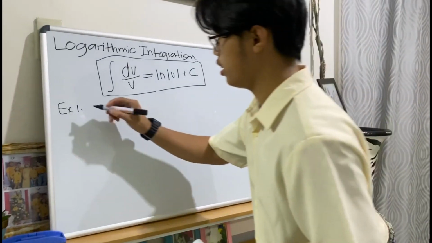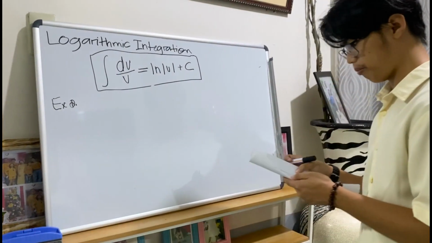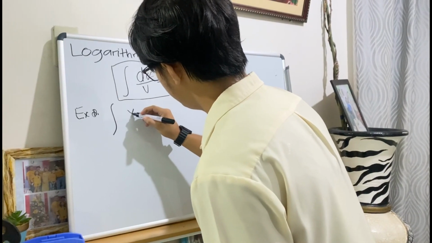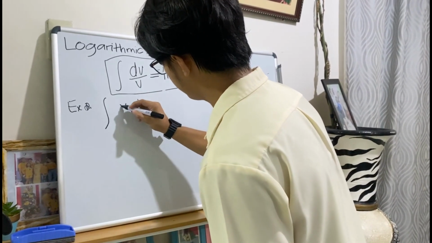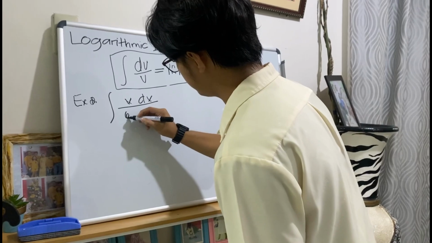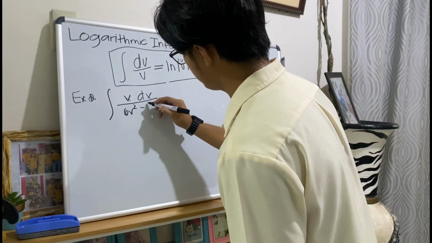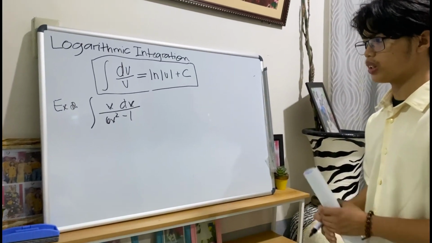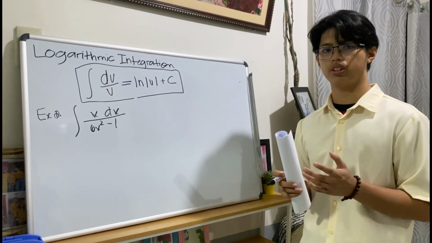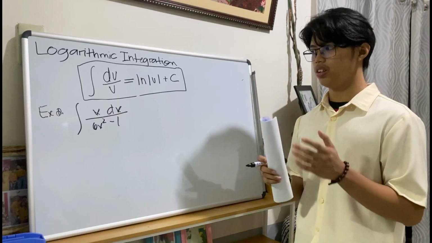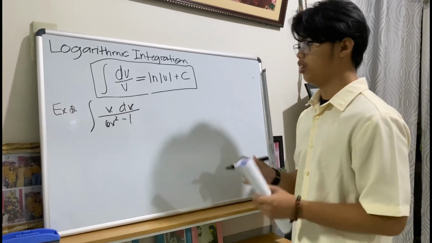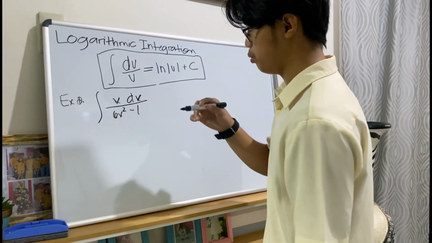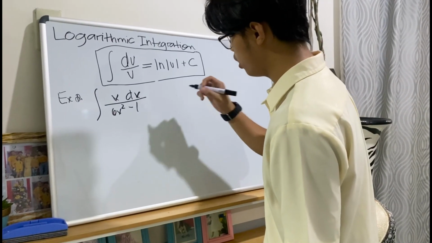We have our next example. We have v dv over 6v squared minus 1. If you know the use of substitution, then you can solve this problem.